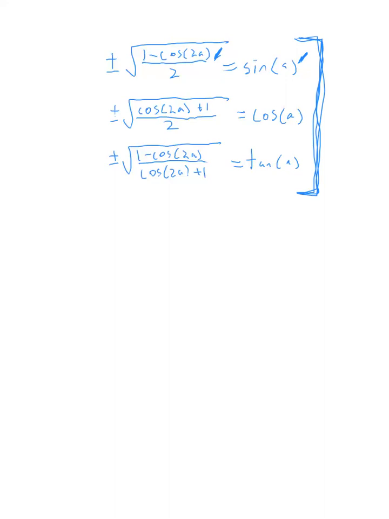Again, the consideration of whether we're going to be positive or negative is based on the rest of the information. How do we know whether sine, cosine, or tangent's output are going to be positive or negative? That's based on what quadrant we end up in.